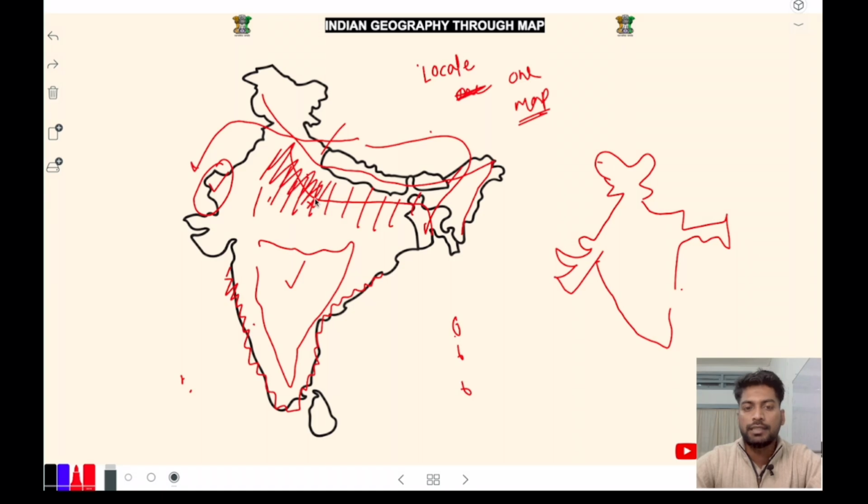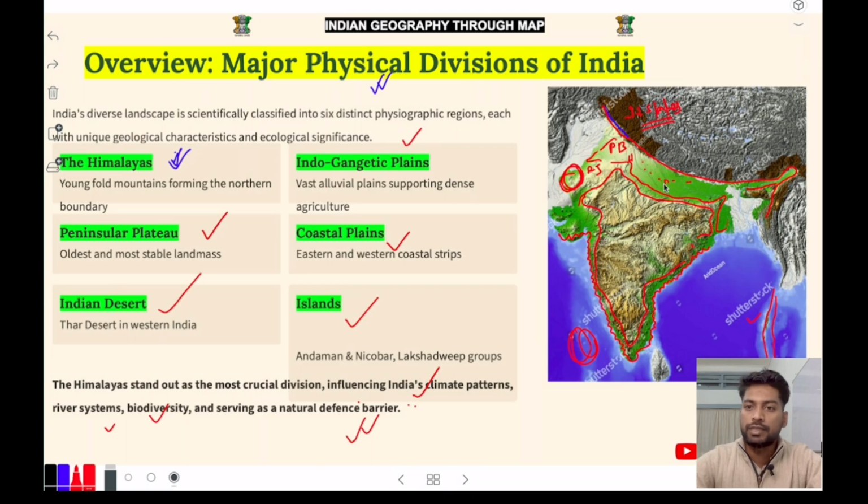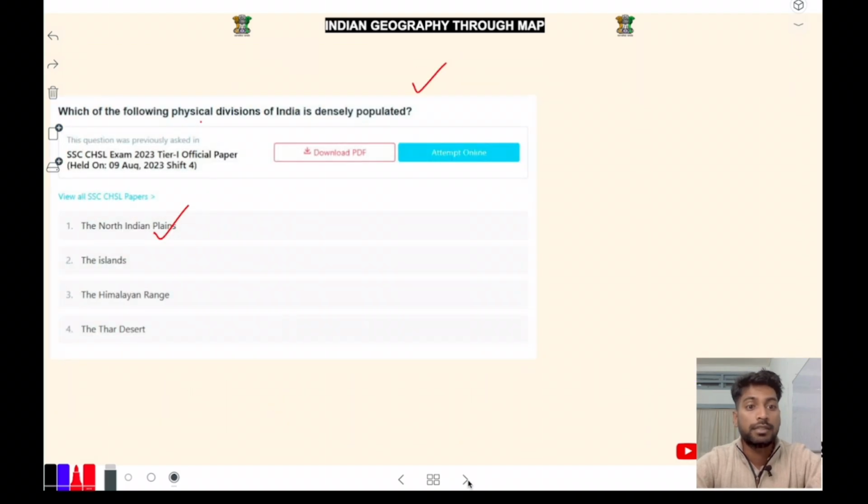That's why people started making their basti, or villages as you say, in ancient times near the river banks. That's why it's densely populated here, because this place is too fertile. So North Indian plain you can see on the maps also. देखो, this area is too fertile. That's why the North Indian plain is the most densely populated.